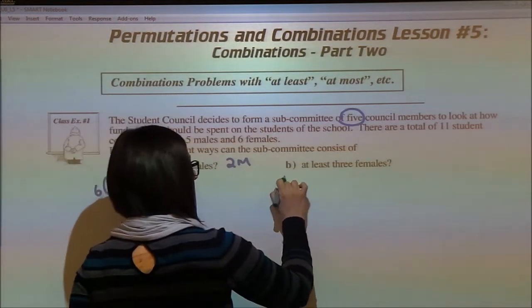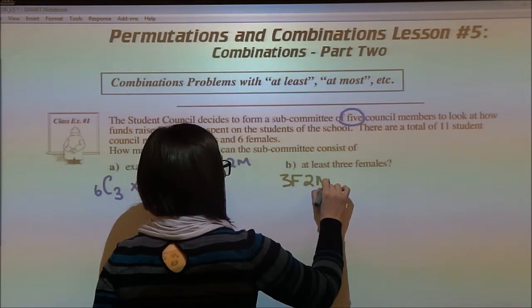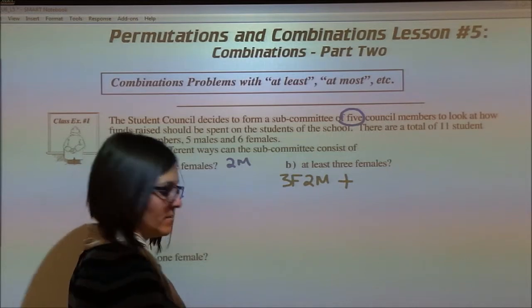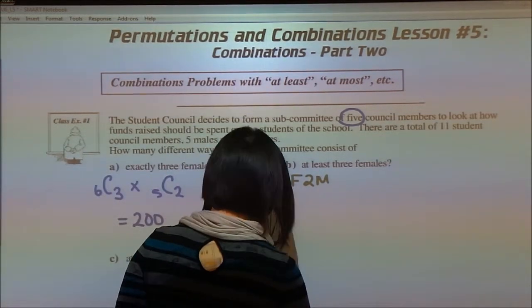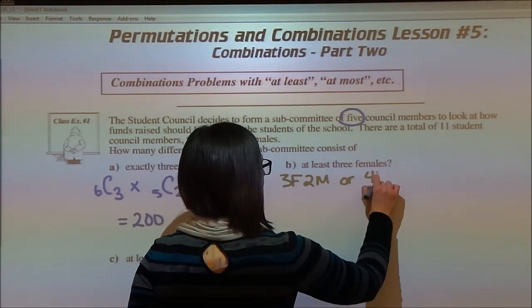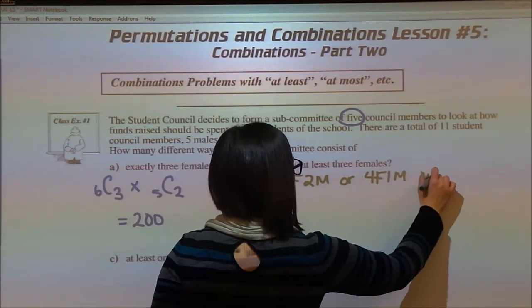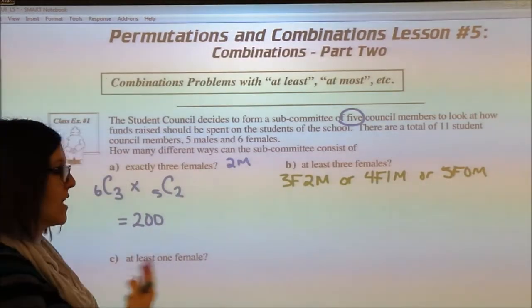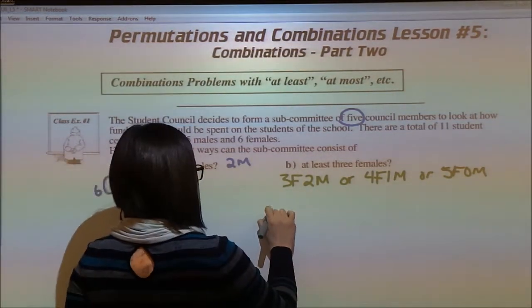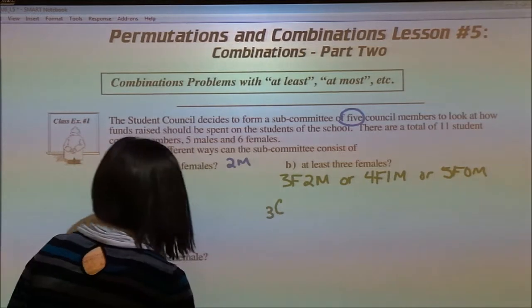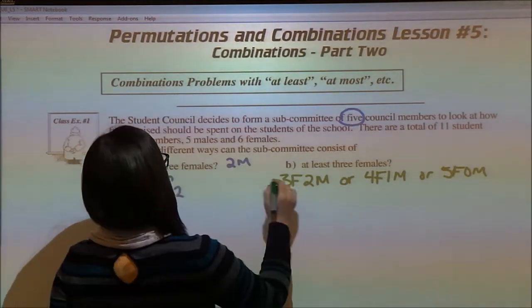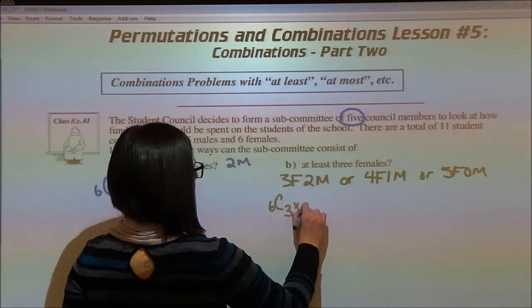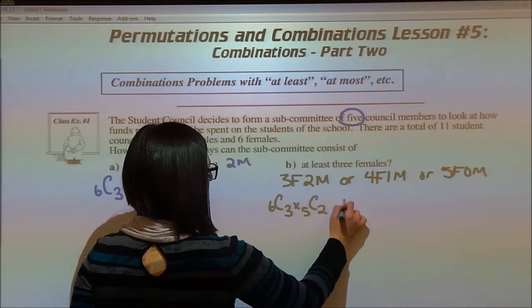Exactly. So I can have 3 females and 2 males, or, so or is my plus sign. Actually, I should put 4. 4 females and 1 male, or 5 females and no males on the subcommittee. So then it would be repeating the first one, so taking 3 females from the 6 times 2 males from the 5.